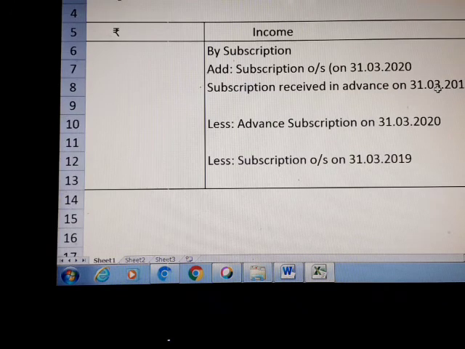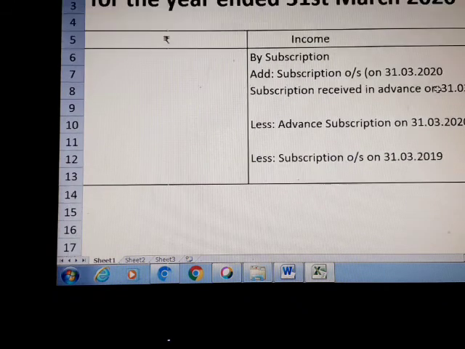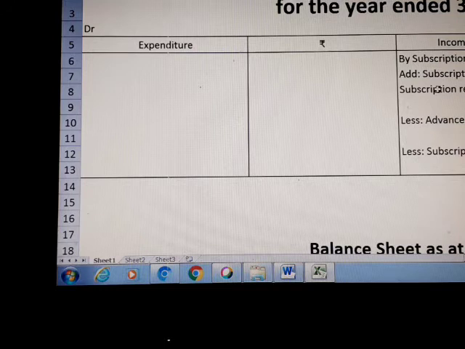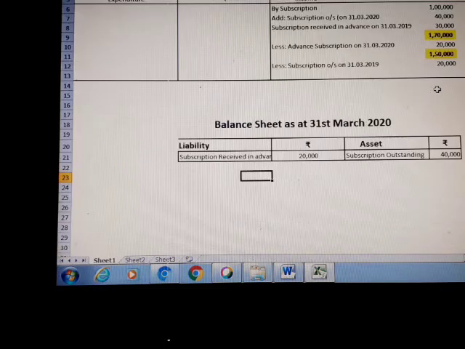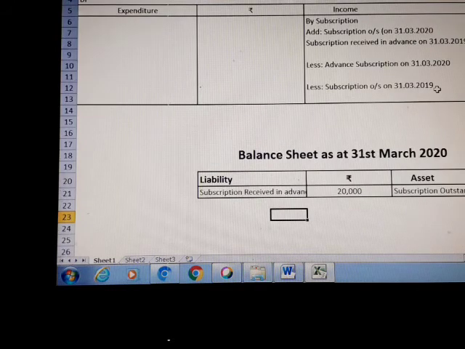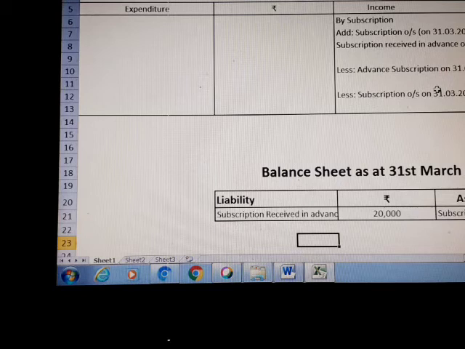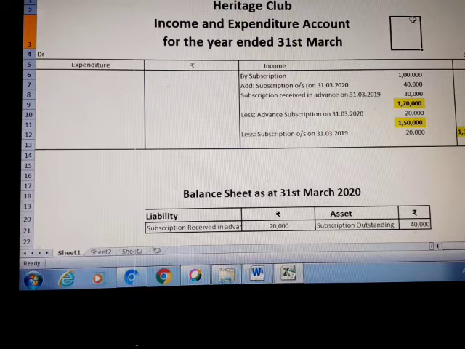You need to prepare the head properly, that is income and expenditure account for the year ended 31st of March 2020. Clear? So now we have prepared our income and expenditure account based on the problem.